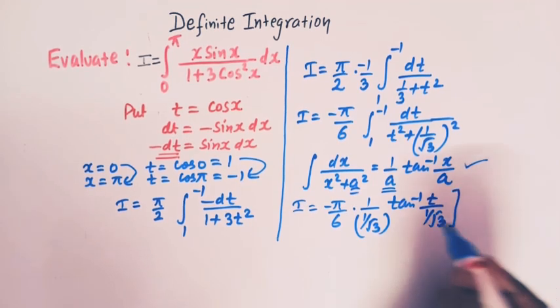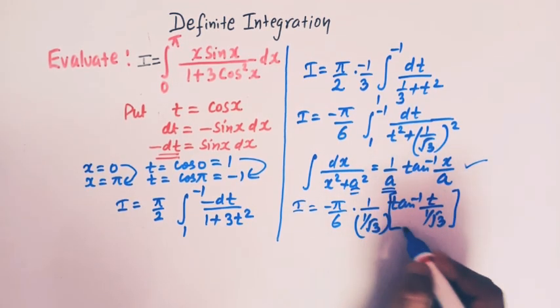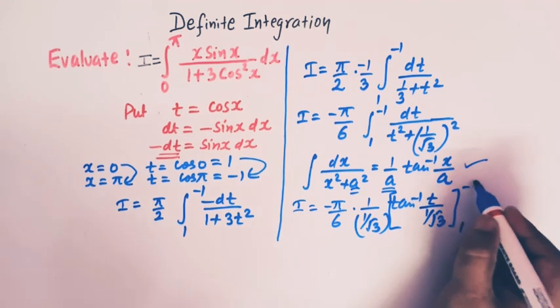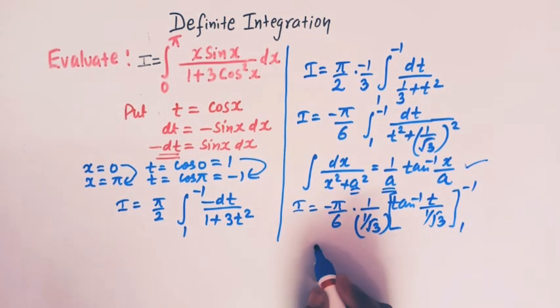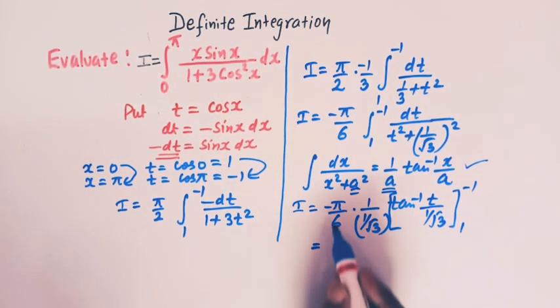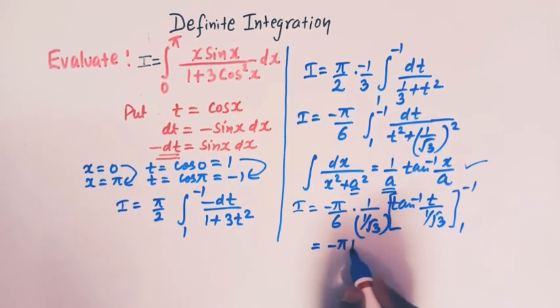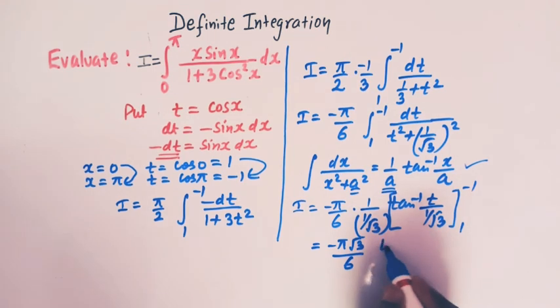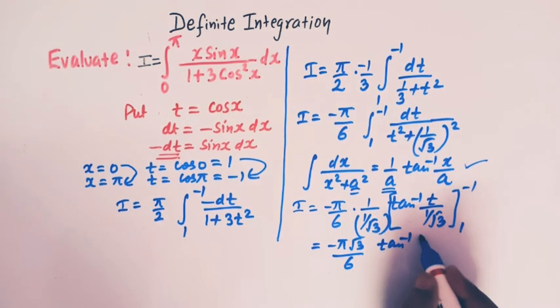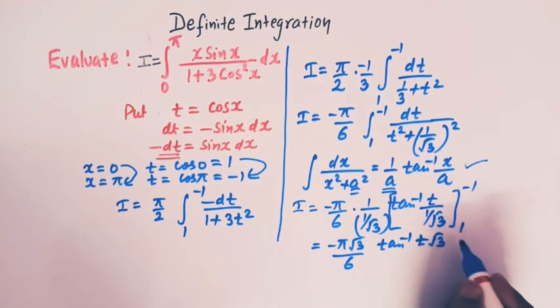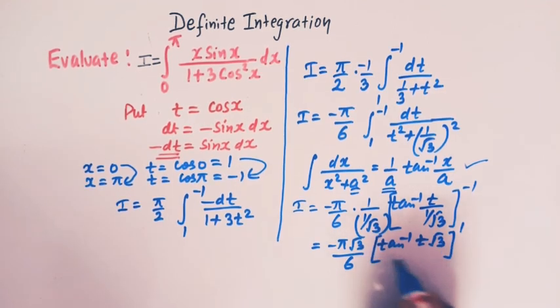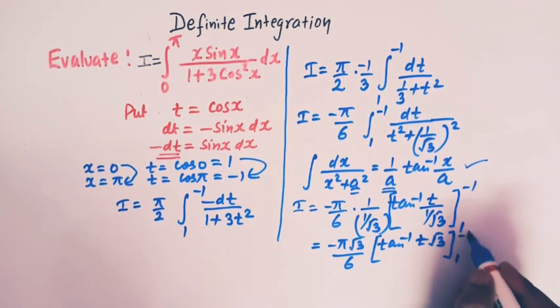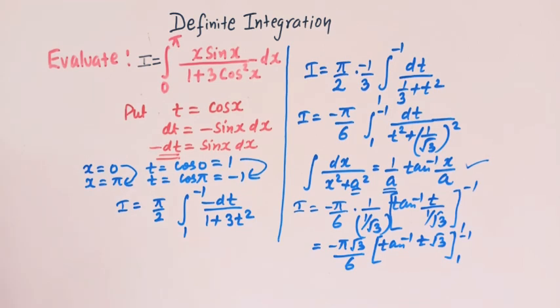And the limits of integration are from 1 to minus 1, right? So now this can further be written as minus pi root 3 over 6, and this is tan inverse t root 3, and the limits of integration are from 1 to minus 1, right?